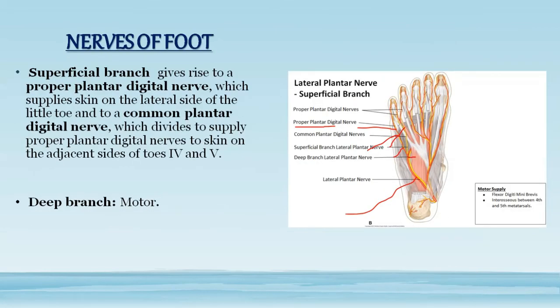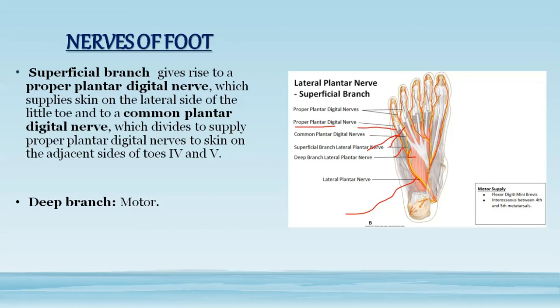Okay, so the sole of the foot is supplied by two nerves, the medial plantar nerve and the lateral plantar nerve. The medial plantar nerve is the major sensory and the lateral plantar nerve is the major motor.